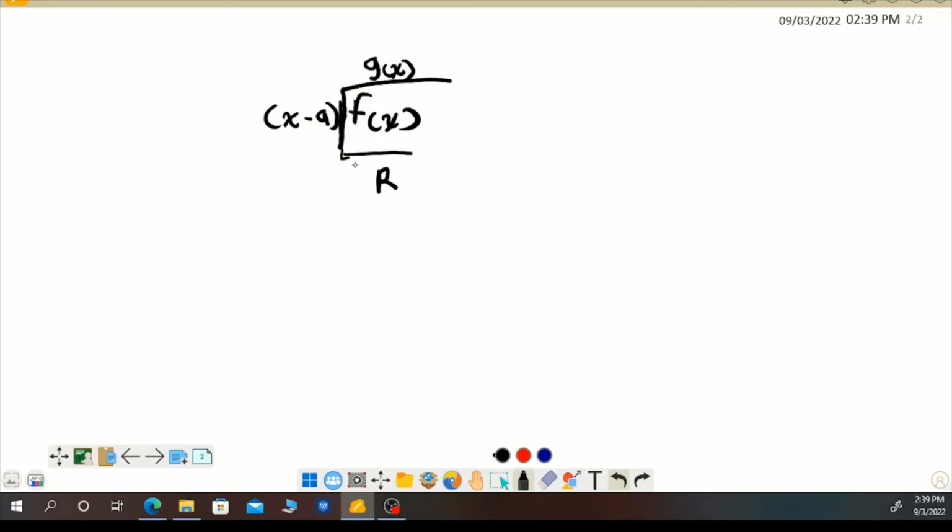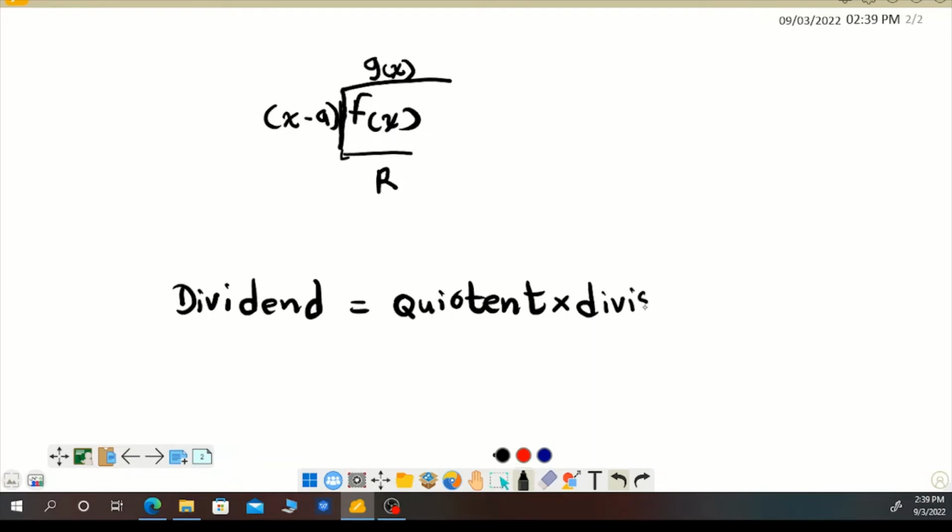We can write this as dividend equals quotient times divisor plus remainder. This is the form we are using in advanced level.